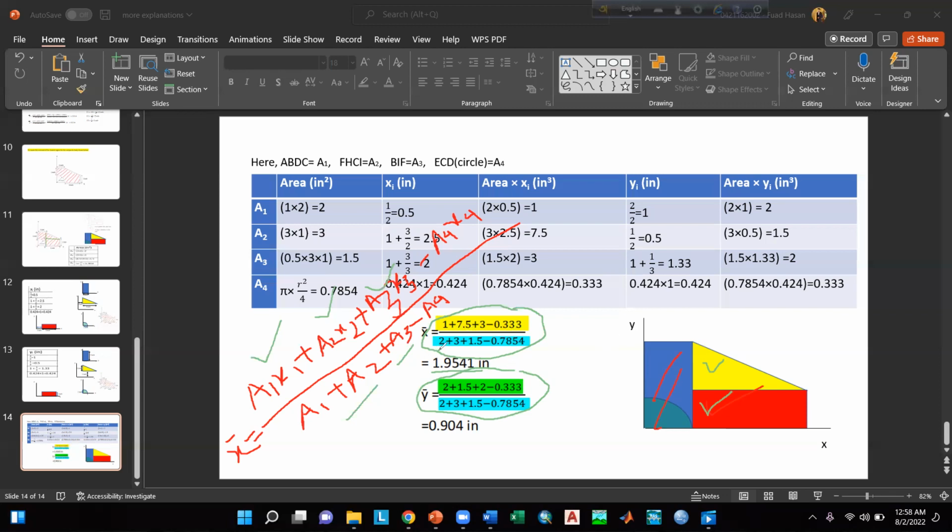So x bar, 1.9541 inch, will represent the distance from the y-axis to this side, and 0.904 inch, which is a positive value, will represent the distance from this side, from the x-axis. Because we have considered this overall side as positive, and the results are also positive here.